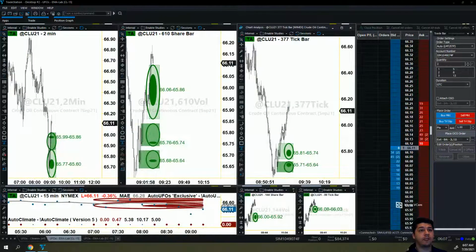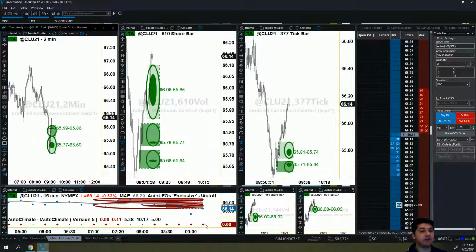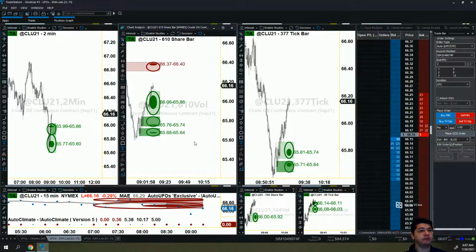There we go. All right, let's take a look at crude oil. We're looking at a down climate, as we said. It's the 5th candle down out of typically 11, so it's definitely not too late to get in on this. The issue is that we don't have a sell UFO that coincides with this climate.